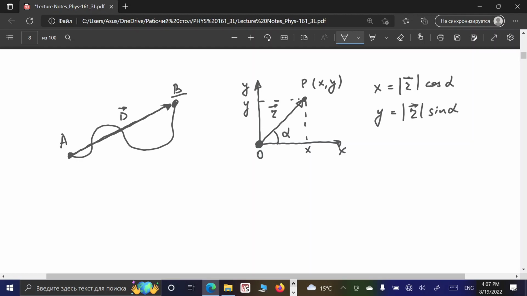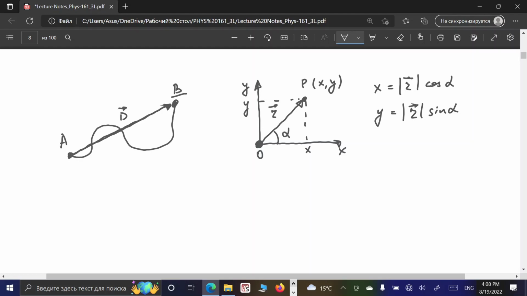So this is just very general information about systems of coordinates, which are most commonly used. We either define it just by coordinates x and y, or in the scope of the polar system of coordinates, we define it with the magnitude of the position vector and this angle alpha, which is formed between the position vector and axis x.